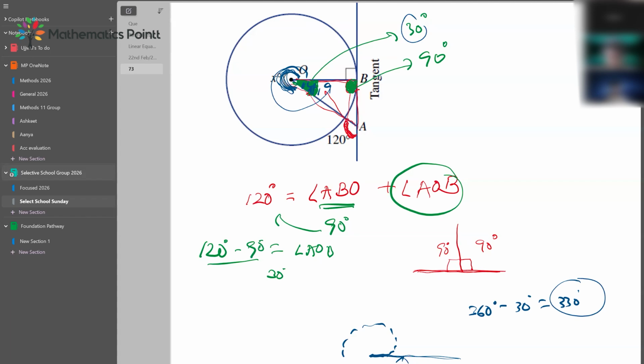Clear? Mind you, I did not talk about the circle being shown here. I did not talk about this terminology of tangent. It does not really matter. It's just there to confuse you.